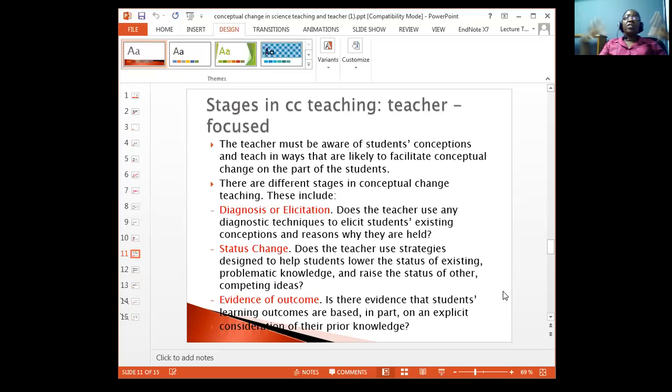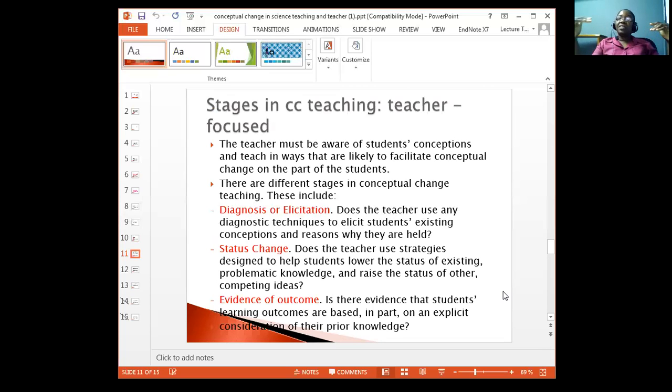Once we have pulled out all the ideas that the students have, then we have to use different strategies to help students to see that one conception is better than the other, because that's essentially how students really think about which one is the best. Remember, they are looking for plausibility, intelligibility, and usefulness.